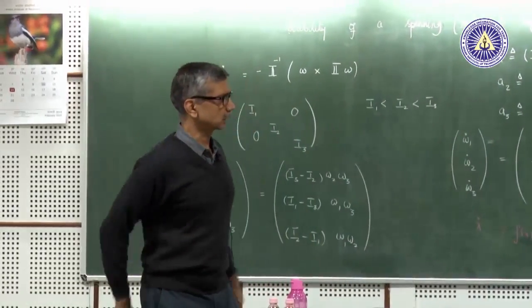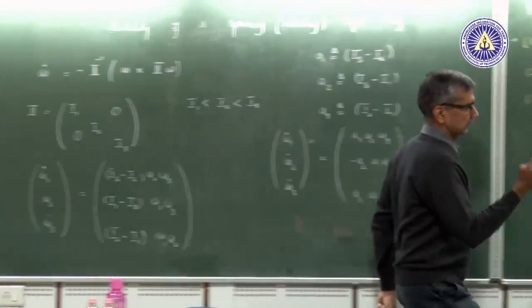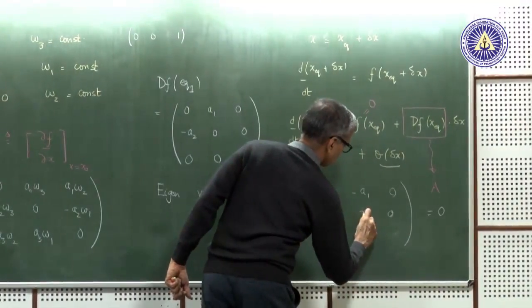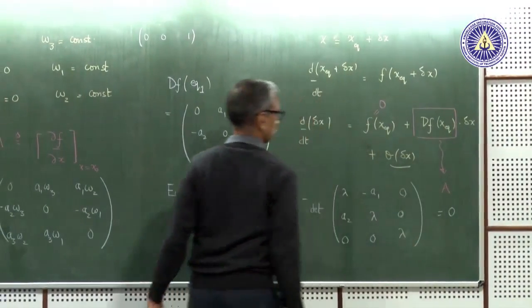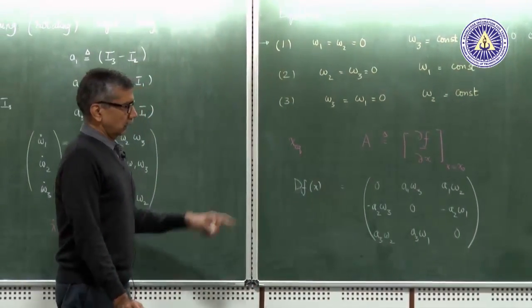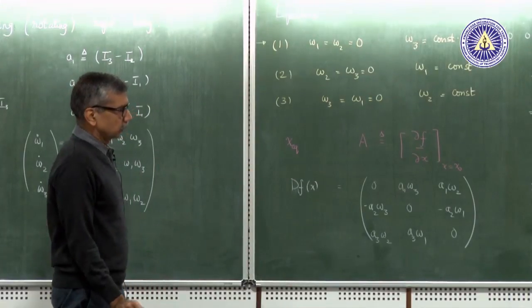What are the lambdas? Oh, sorry, I forgot this. Lambda I minus A. Determinant of lambda I minus A equals 0, right?